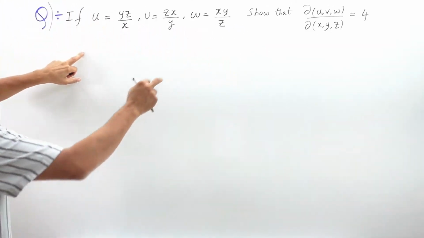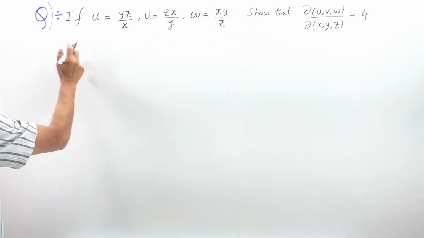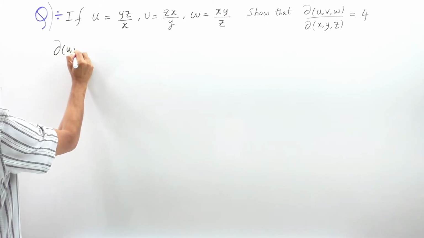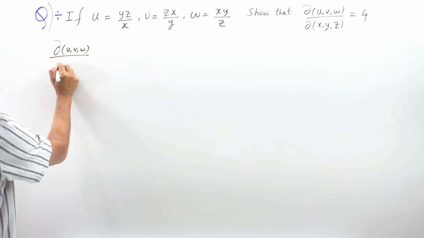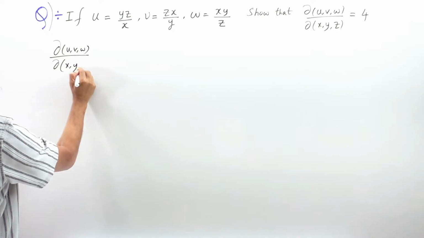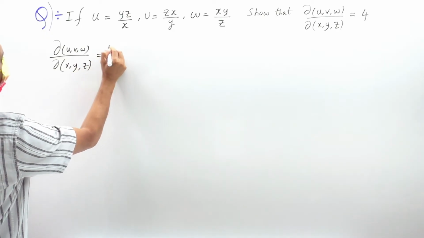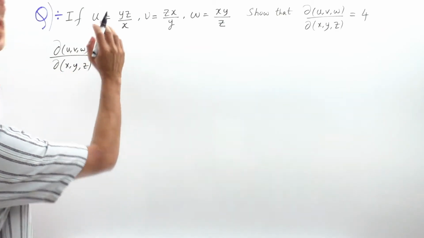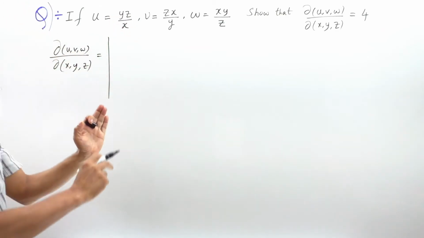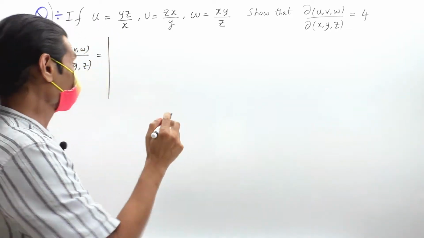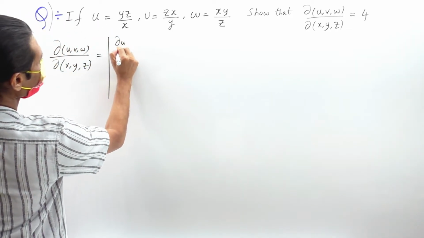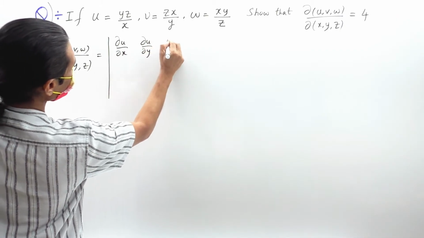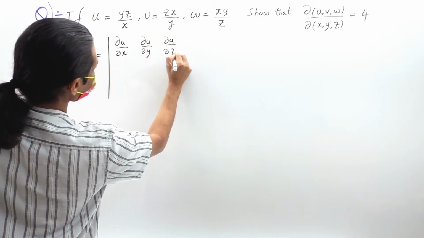Okay, now coming to this problem, so we have dou of u v w upon dou of x y z will be the determinant. So tell me what now? First, u with respect to all x, y, z. So we have dou u by dou x, dou u by dou y and dou u by dou z.